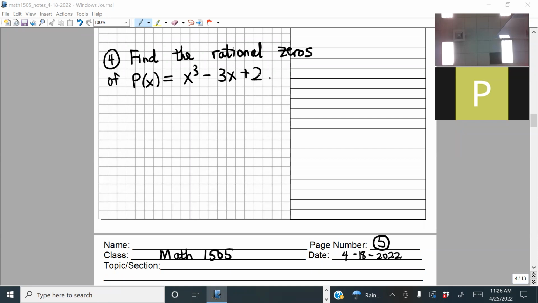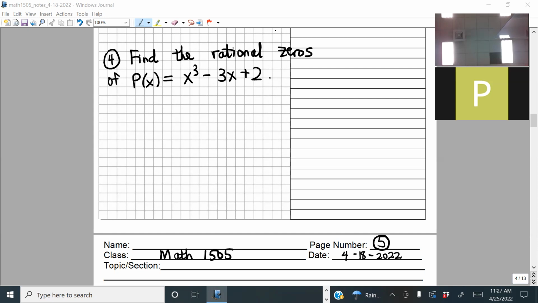Then what Descartes showed is that if you're going to have a zero that is a fraction, or can be written as a fraction, then that zero has to have the following form. Descartes is not saying all of these possibilities are zeros, but if you do have a rational zero, then it's got to have this format.